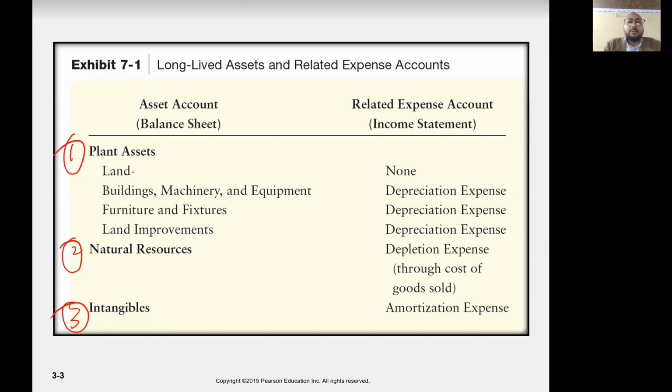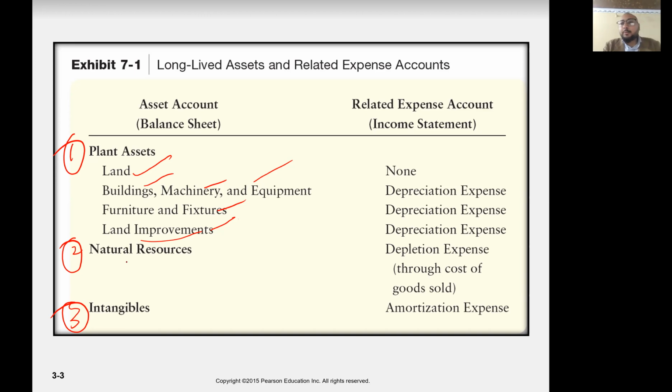Plant assets include land, building, machinery, equipment, furniture and fixtures, and land improvements. What do we mean by land improvements? We'll talk about it in our coming slides. But land improvements are like making pathways, making a ramp, or installing fencing around your land. All these are land improvements.